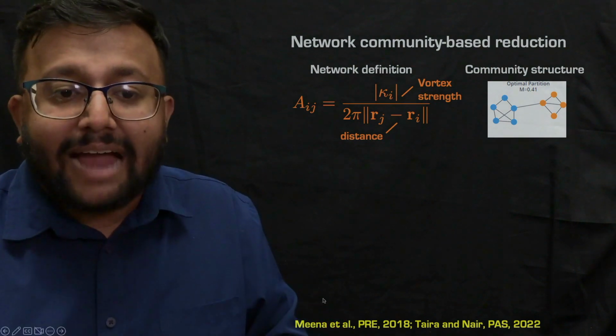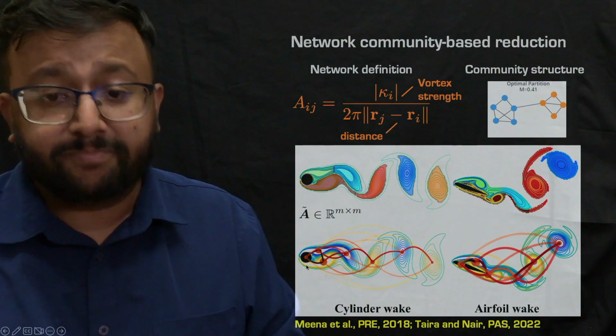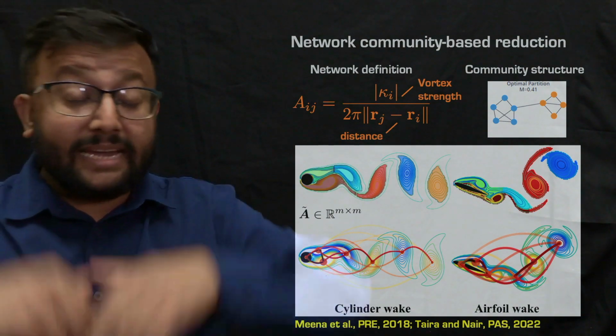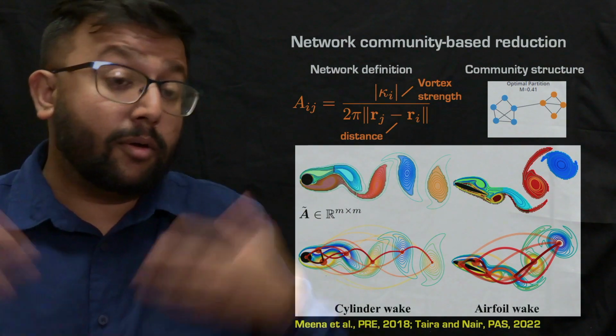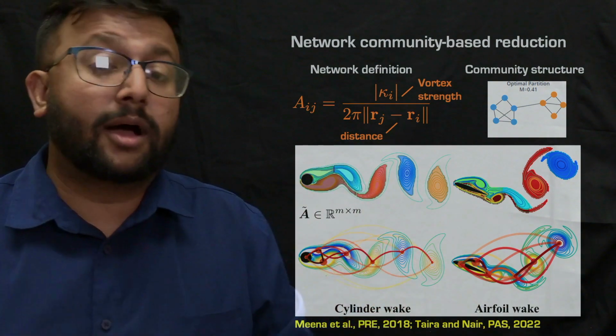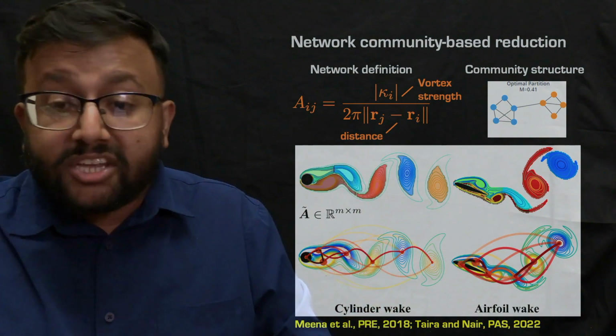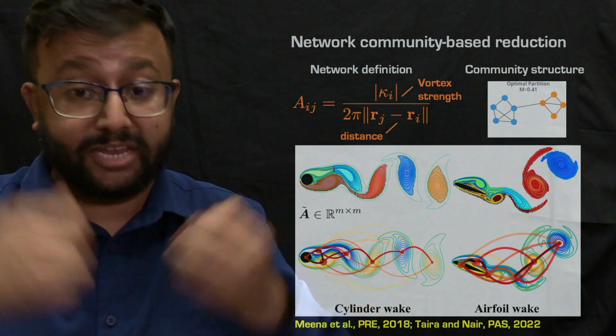And that is exactly what we do for fluid flow problems, right? So for a flow past a cylinder and a flow past an airfoil, we can take the full high dimensional flow field. We already know, from direct numerical simulation or performing PIV, what the vorticity is at each of these points. We know where the grids are placed, so we know the distance.